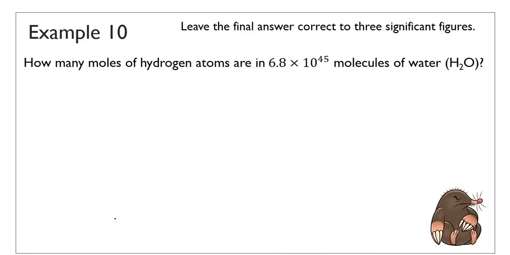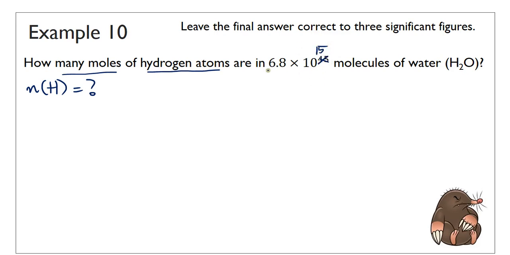So let's start with example 10. So let's start by summarizing the question. How many moles of hydrogen atoms? So the question is asking for the number of mole of hydrogen atoms. So this is my unknown. How many mole of hydrogen atoms are in 6.8 times 10 to the power of, I'm going to change this to 15 so it doesn't look so ridiculous.